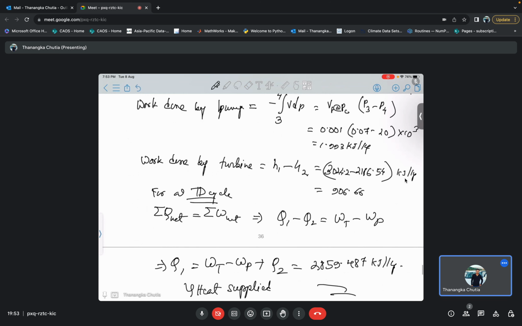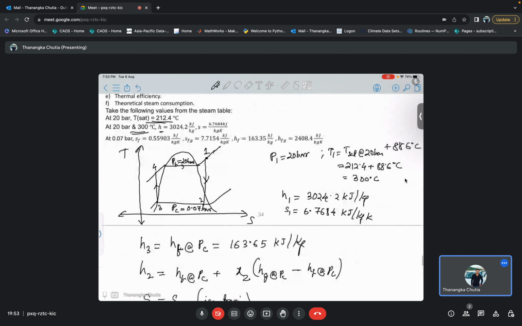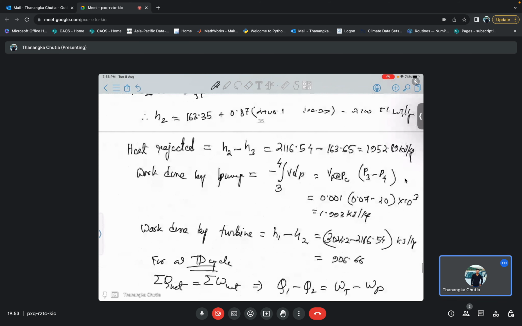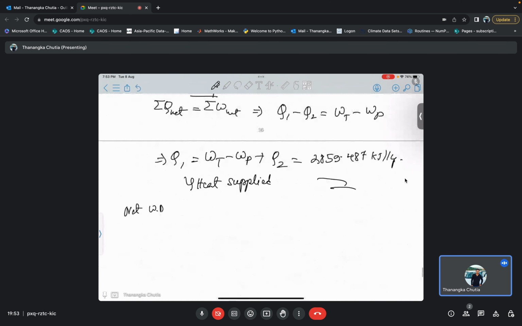So heat rejected done, heat supplied done, now net work done. Net work done is equal to Wt minus Wp, which you will get as 932.137 kilojoule per kg.